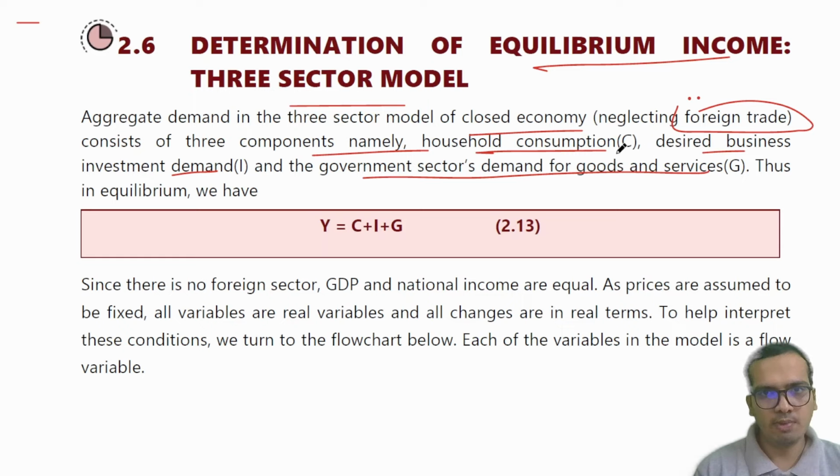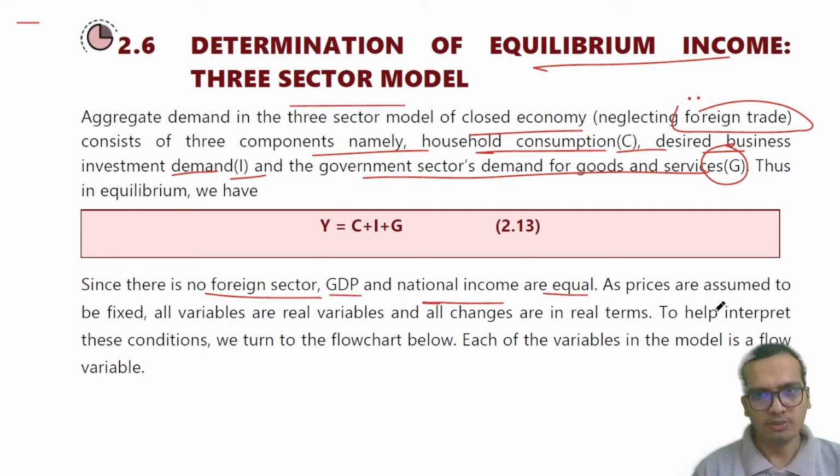First is denoted by C, investment is denoted by I, and the government sector's demand for goods and services is denoted by G. Thus, in equilibrium, we have Y = C + I + G. Since there is no foreign sector, GDP and national income are equal. As prices are assumed to be fixed, all variables are real variables and all changes are in real terms.